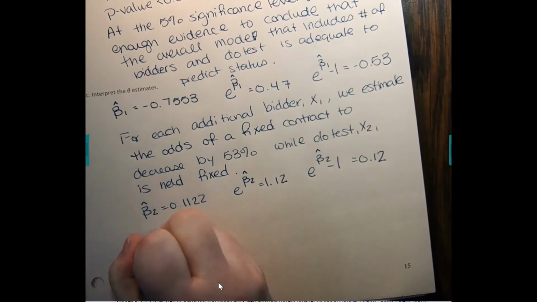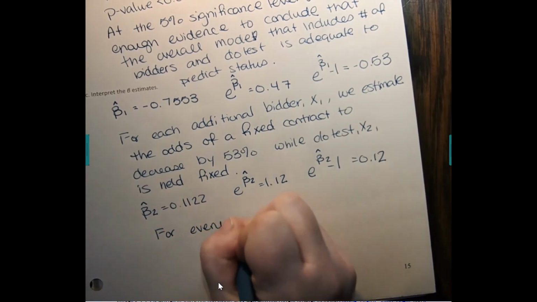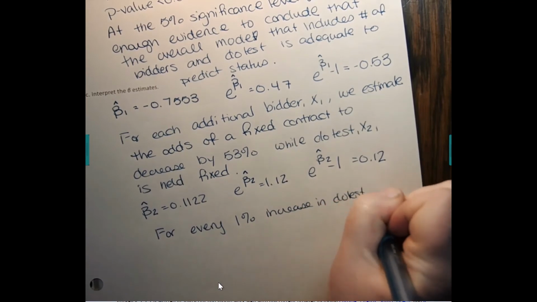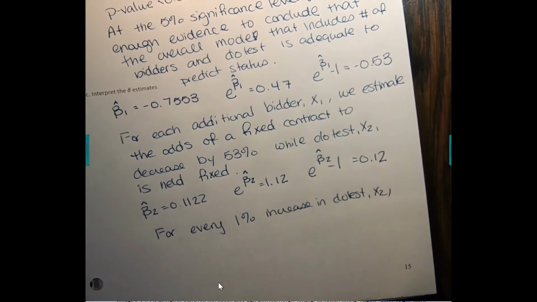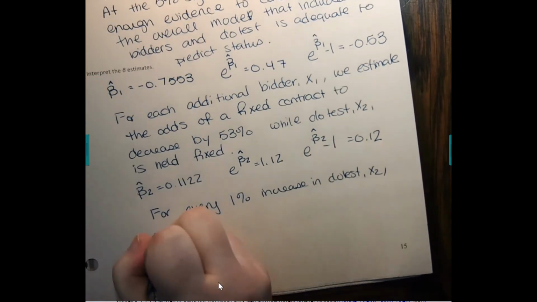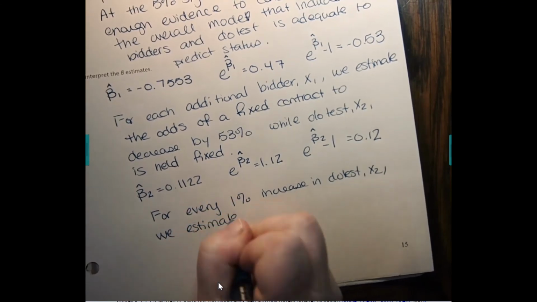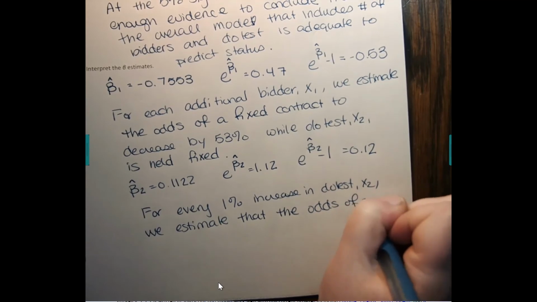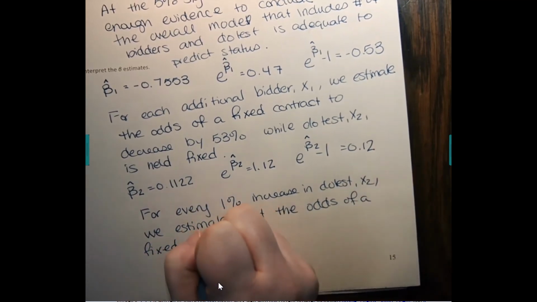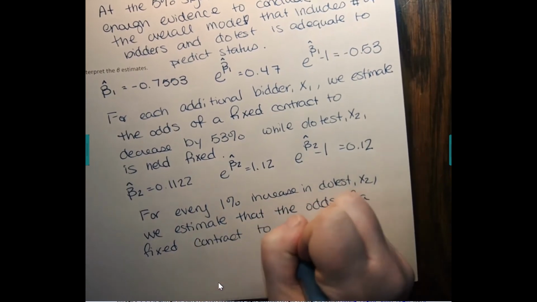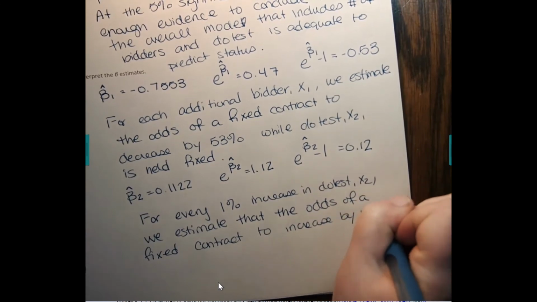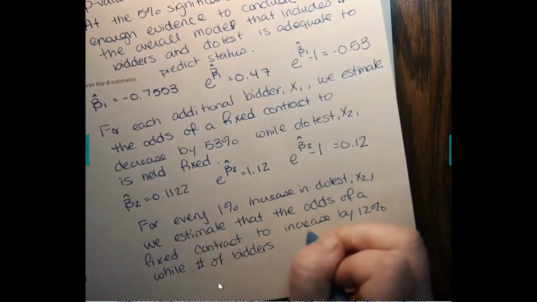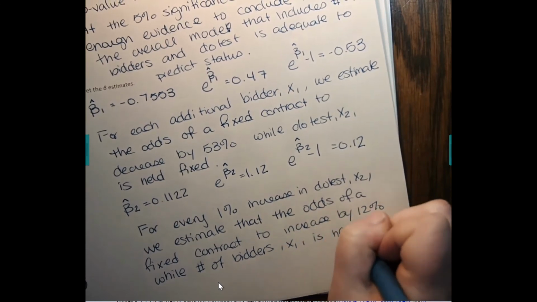For this one, we would say for every 1% increase in DOT estimate, which is x2 — and remember, the reason we've got a 1% increase here is this variable was measured in percentage — we estimate that the odds of a fixed contract to increase by 12%, while number of bidders, x1, is held constant.